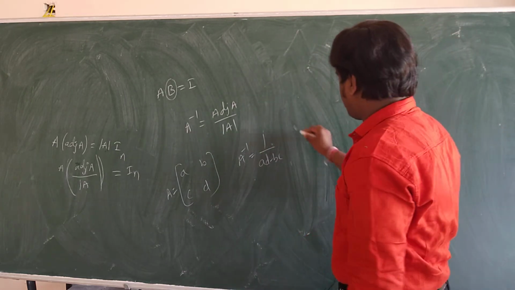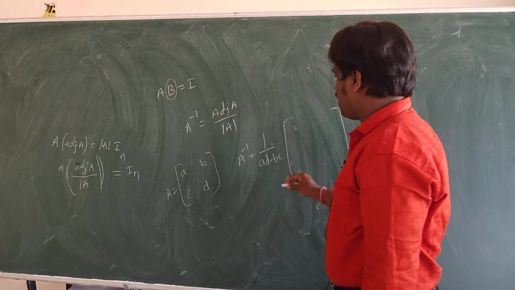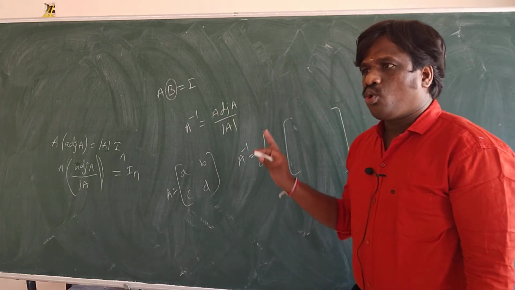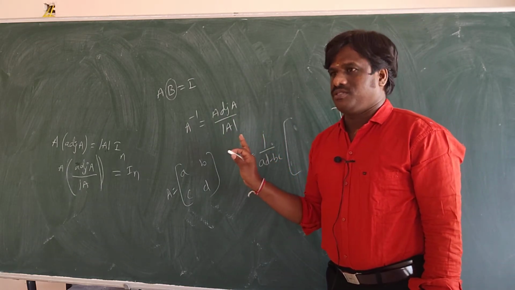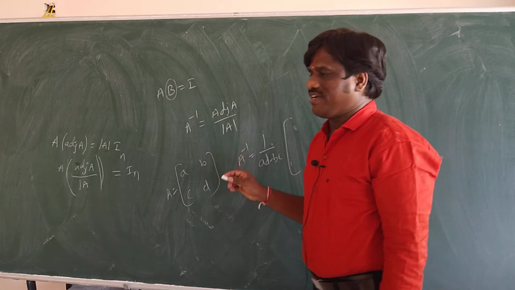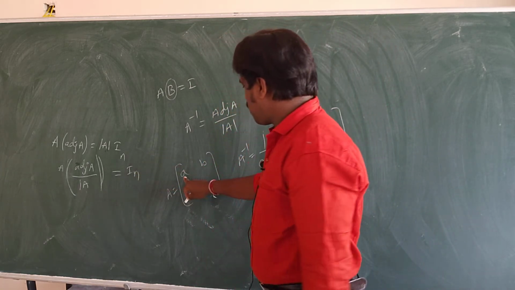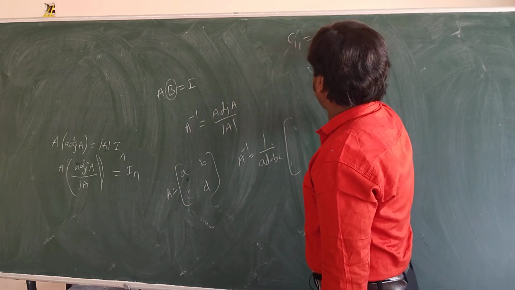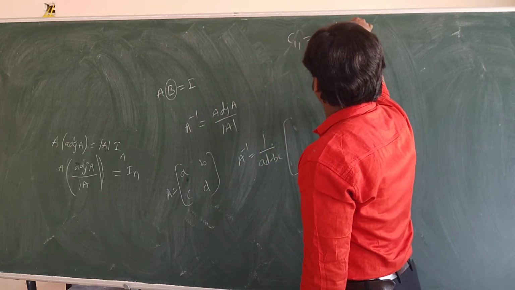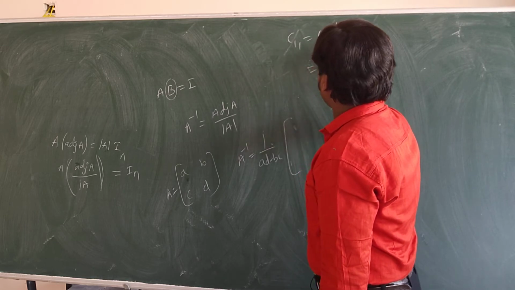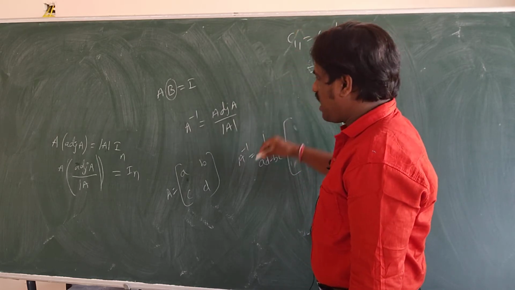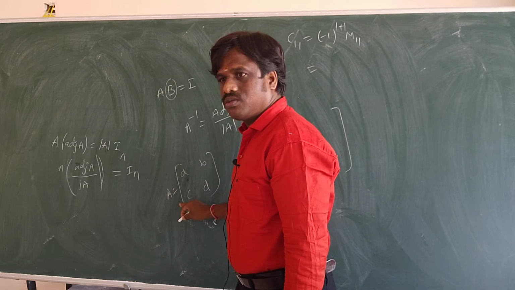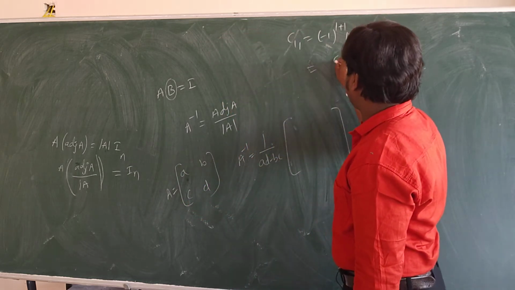You know how you get the adjoint matrix: the transpose of the cofactor matrix. What is the cofactor of this one? C11 is equal to minus 1 power 1 plus 1 times M11, so this will become positive. M11 means this row and column are closed, so what is left is D.